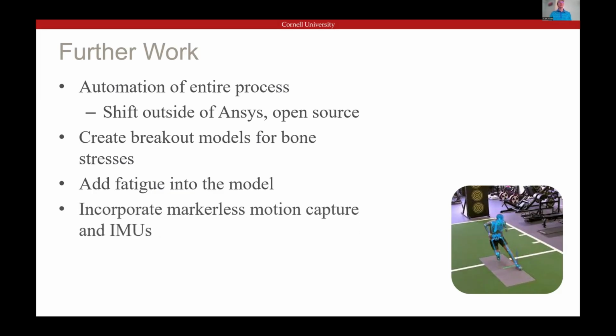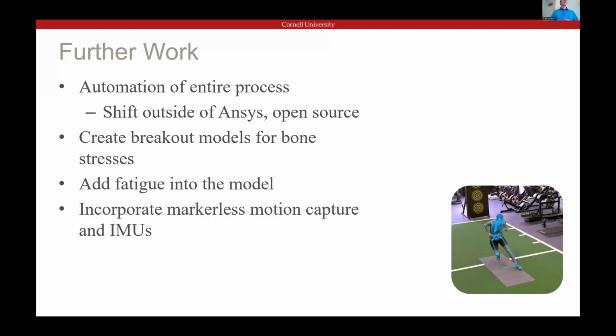A really cool area of research being investigated and applied by companies is markerless motion capture and IMUs. IMUs are tiny accelerometers, and markerless motion capture removes the need for the black suit with all the dots all over you.